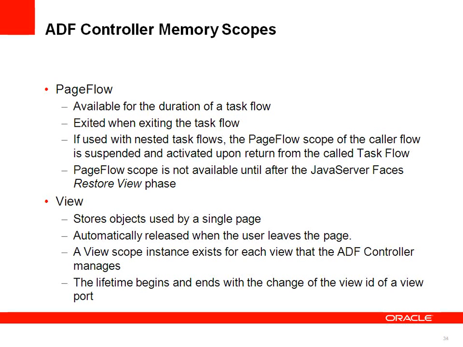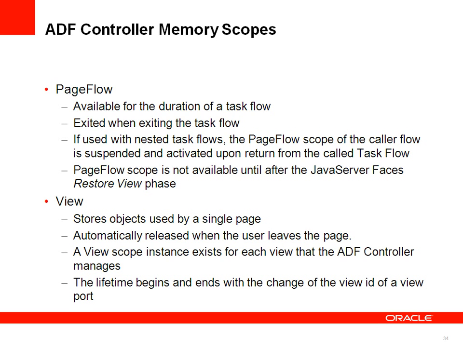Instead, what becomes available is a page flow scope of the bounded task flow that you're calling. So you always have a memory scope that is called page flow, but this page flow scope is always dedicated for the task flow that you're in.